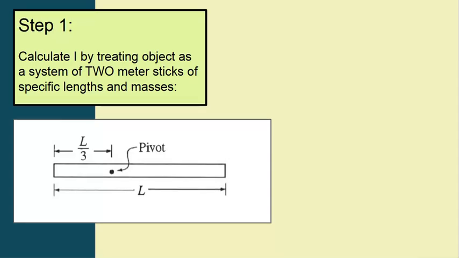Okay, so this is something that everybody needs to know. It does show up in the AP, but it also shows up on my test. I think it's an important trick. So you are given the formula for I for a meter stick or any rod, anything that's solid, about the end: 1/3 ML squared.